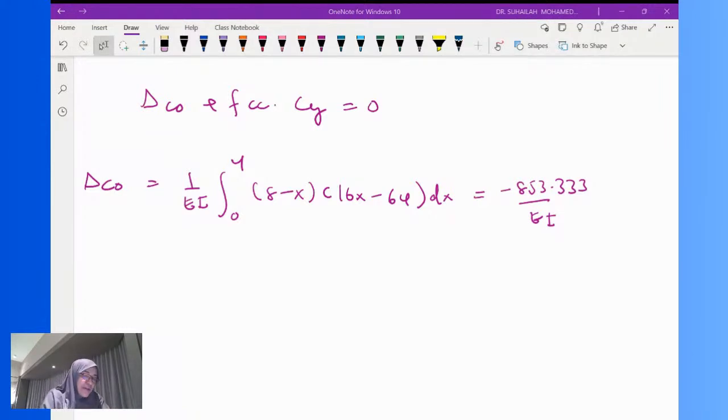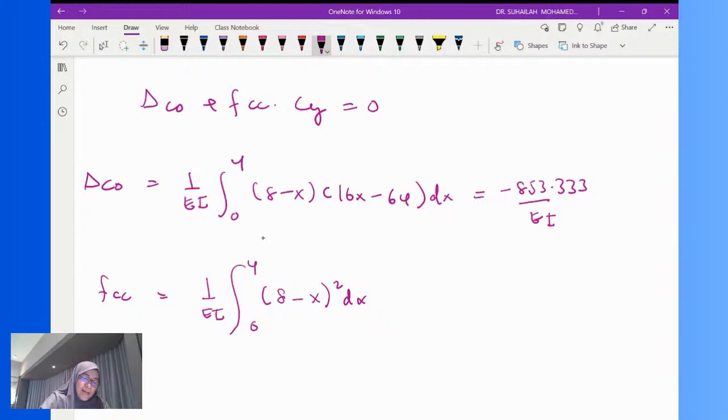Okay, next we calculate FCC. It is 1 over EI for AB, 0 to 4, 8 minus X square dx.